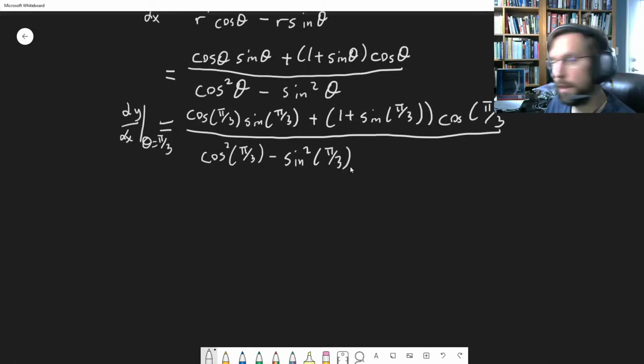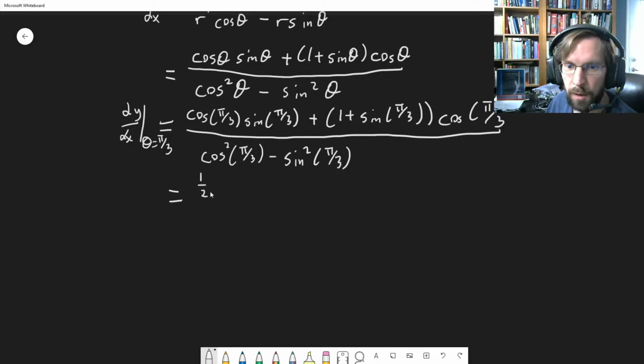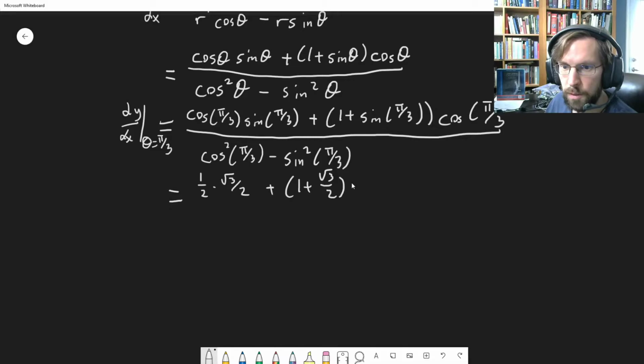We know cosine pi over 3 is a half, and sine pi over 3 is root 3 over 2. So this is 1/2 times root 3 over 2 plus (1 plus root 3 over 2) times a half, divided by 1/4 minus 3/4.